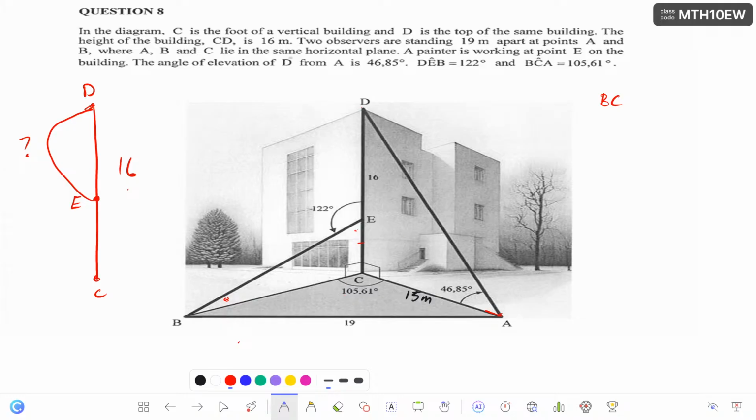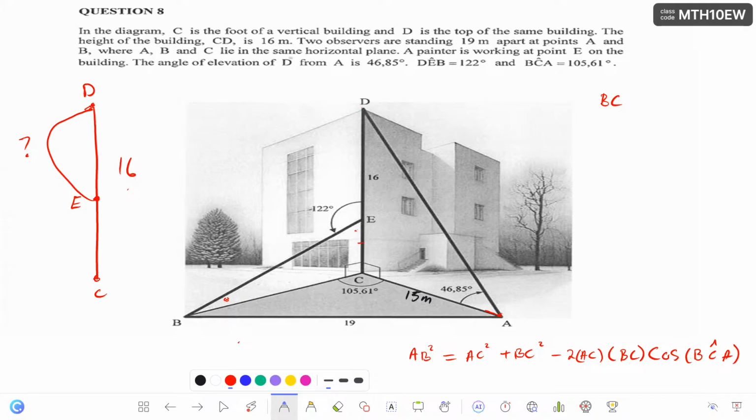So we can use the cosine rule, which says AB squared is equal to AC squared plus BC squared minus 2 AC BC cos of angle BCA.